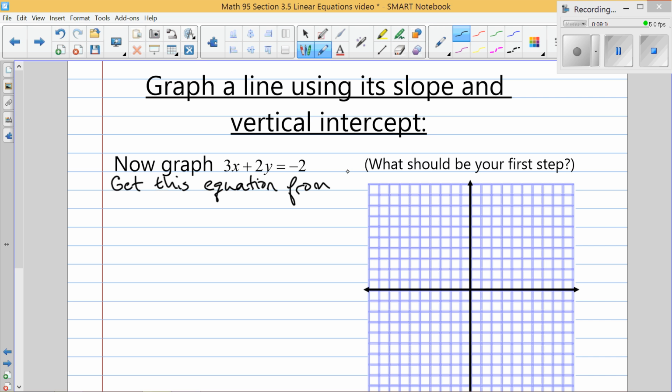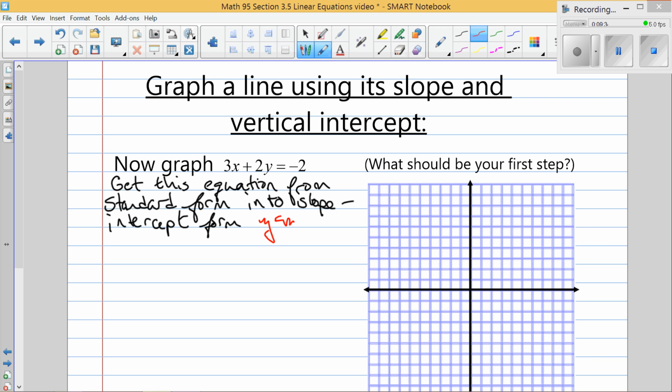So I would like to get the equation from standard form into slope-intercept form. That's our y equals mx plus b. So I need to isolate y.